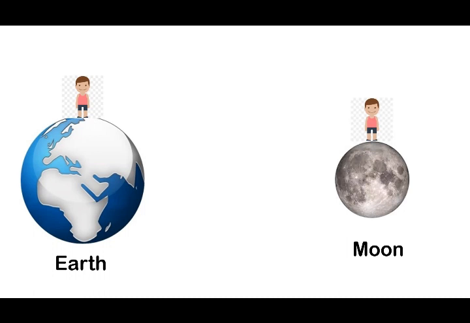This person here will have more weight in comparison to the person standing on the moon. The difference in the weight of the same person standing at different locations will differ depending upon the gravitational force. Since the gravitational force of Earth is more than the gravitational force on the moon, the person will have more weight on Earth.